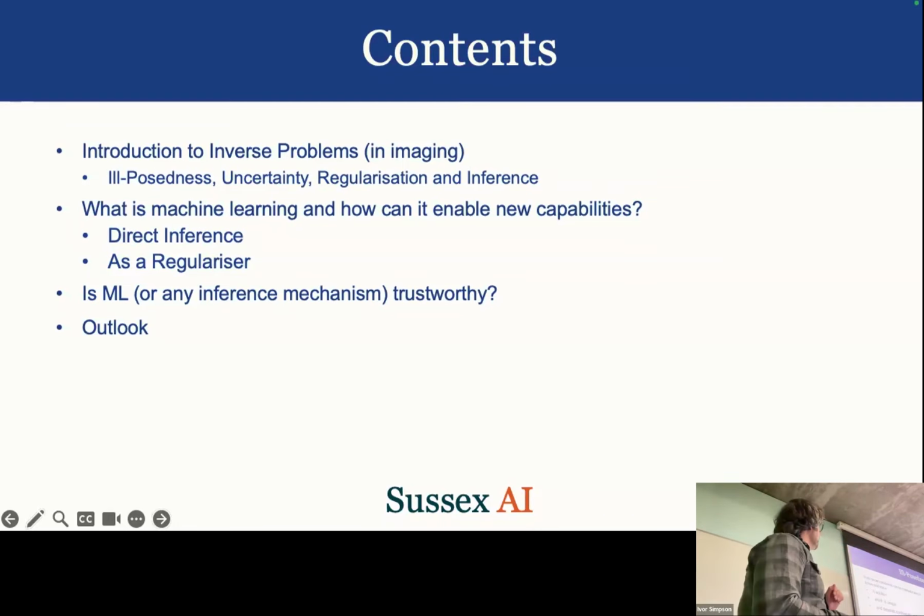And this brings us on to ill-posedness. And the easiest way to define ill-posedness is to think about what's well-posed. So a well-posed estimation problem is one which would have a solution which is unique and depends continuously on the data. And for most of these inverse problems, these are ill-posed, which means that any inference is very sensitive to small changes in your data.